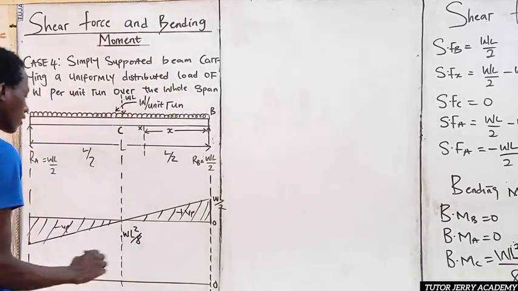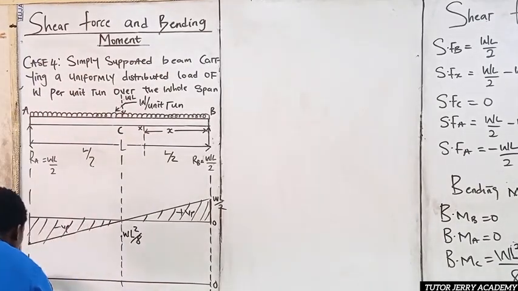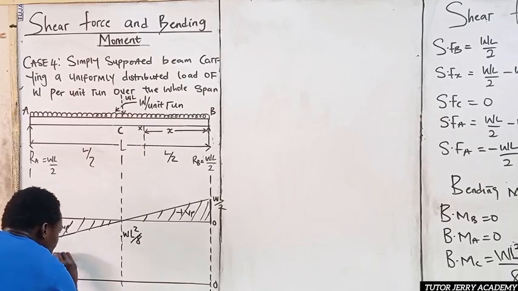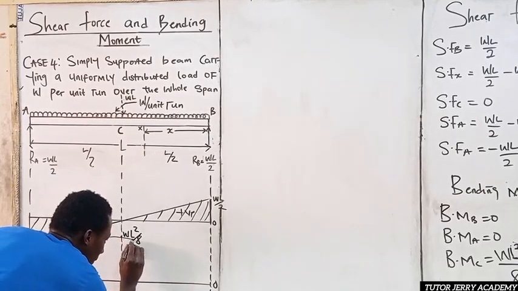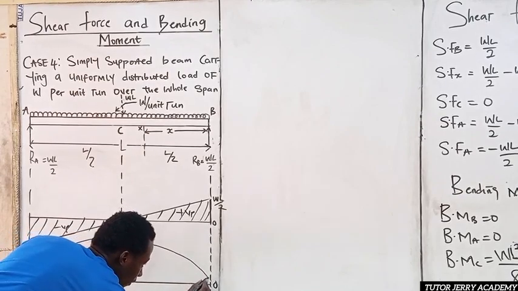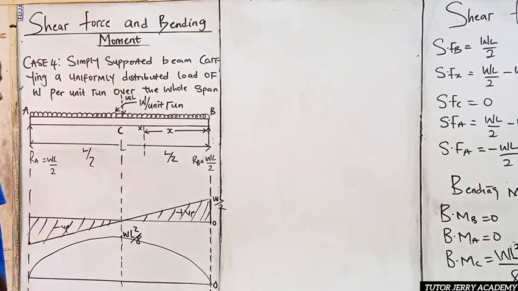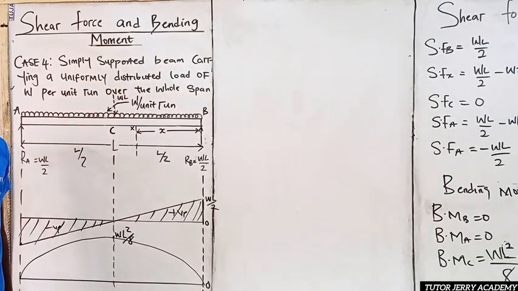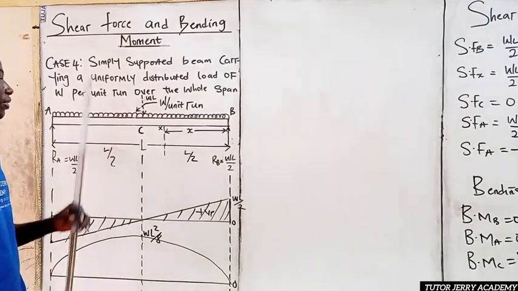So how do we do that? We are just going to take the curve from here. So let's take this to be our parabolic curve. So this will be our bending moment, and this will be our shear force diagram.